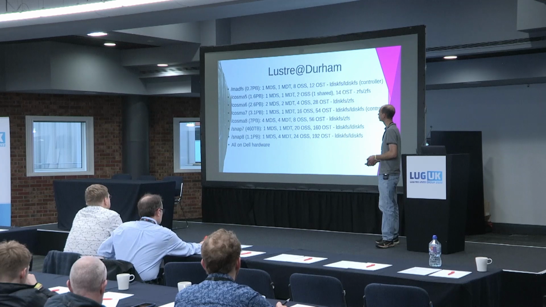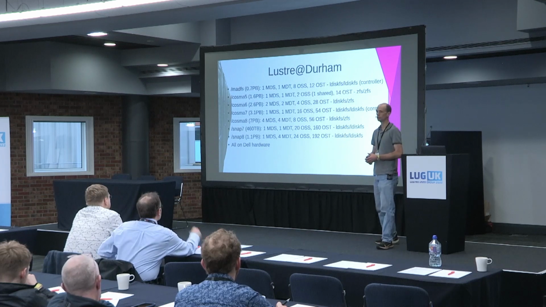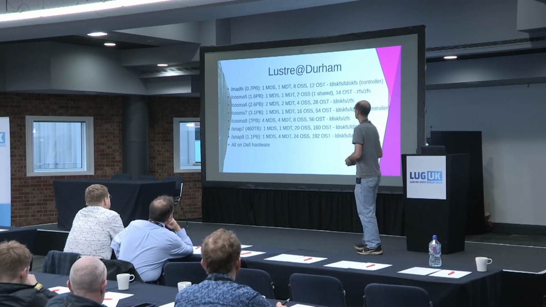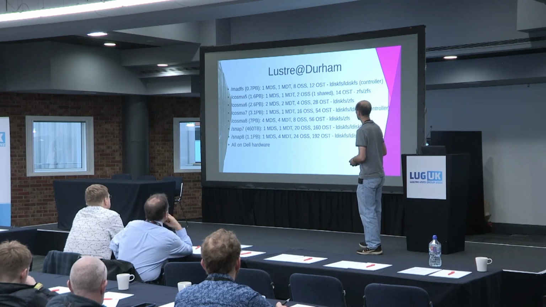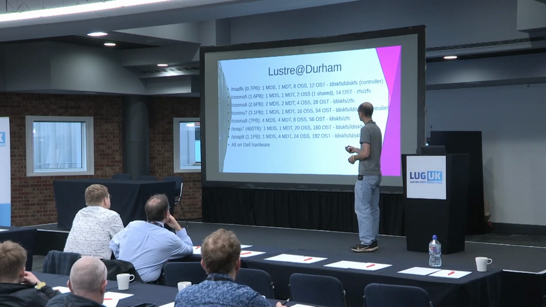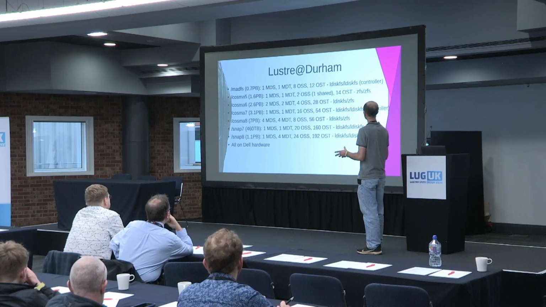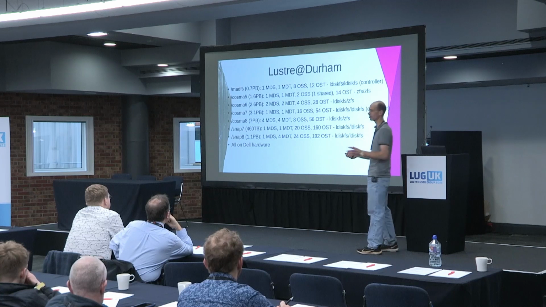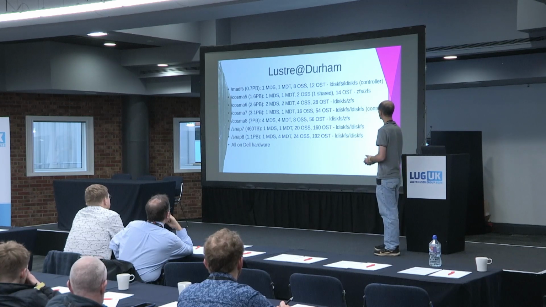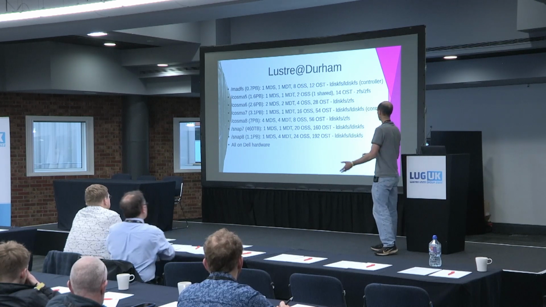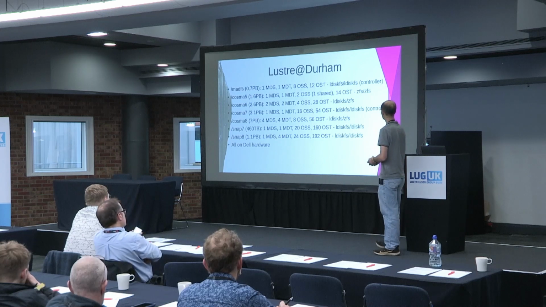Now, I know most about the Durham Lustre file systems, so I'll talk a bit about them here. You see there all 7 file systems, and what I thought might be of interest is that I've separated out the number of metadata servers, metadata targets, object storage servers, and object storage targets, and also what backends we use. We use a range of LDiskFS and ZFS in various different places.